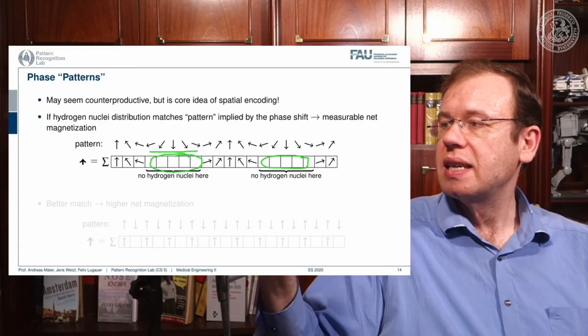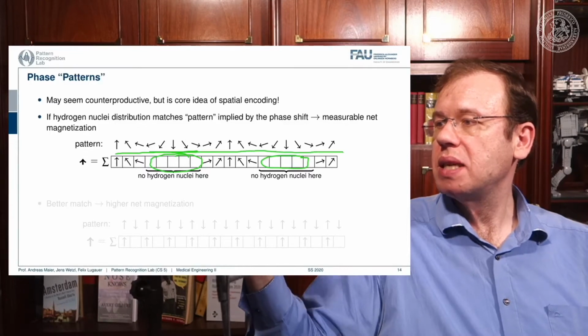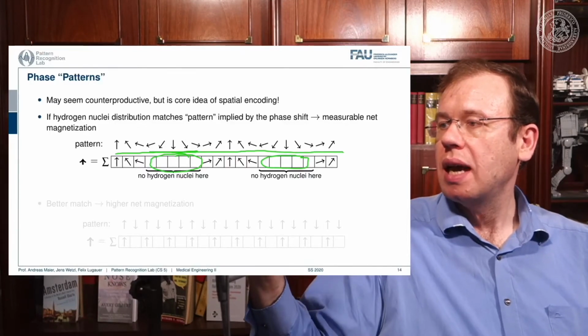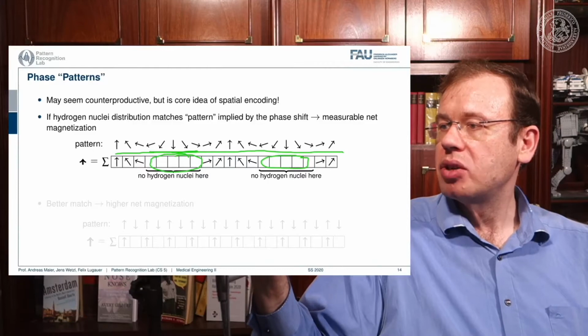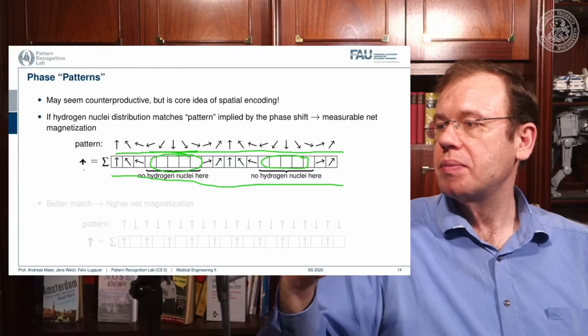So you could say that if I have a certain spin, then this gives me a pattern of rotation, and by measuring, I measure the agreement of the magnitude of rotation with the actual observation here.